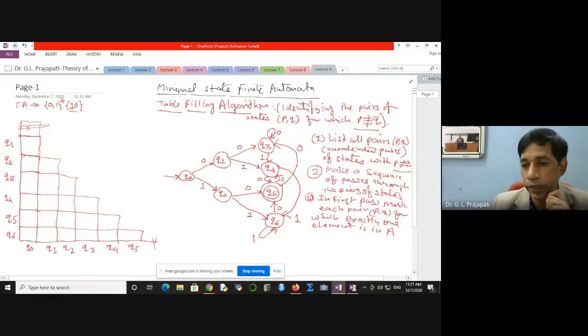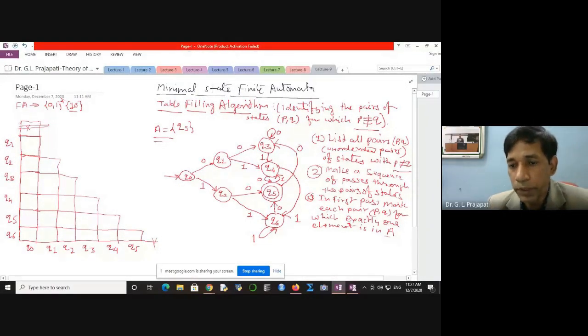A is the set of accepting states of this DFA, and here we have Q5. This is the final state. So in the first pass, we mark each pair for which exactly one element is in A.